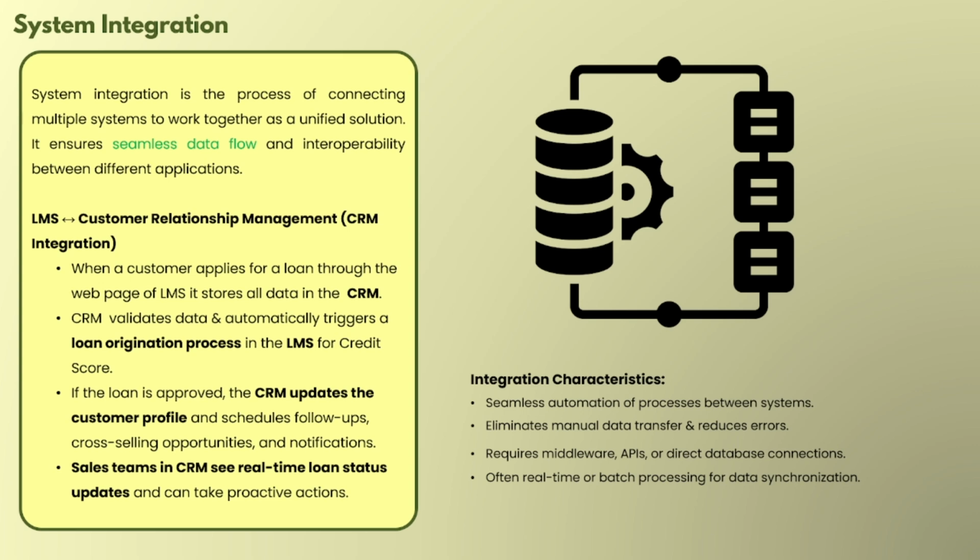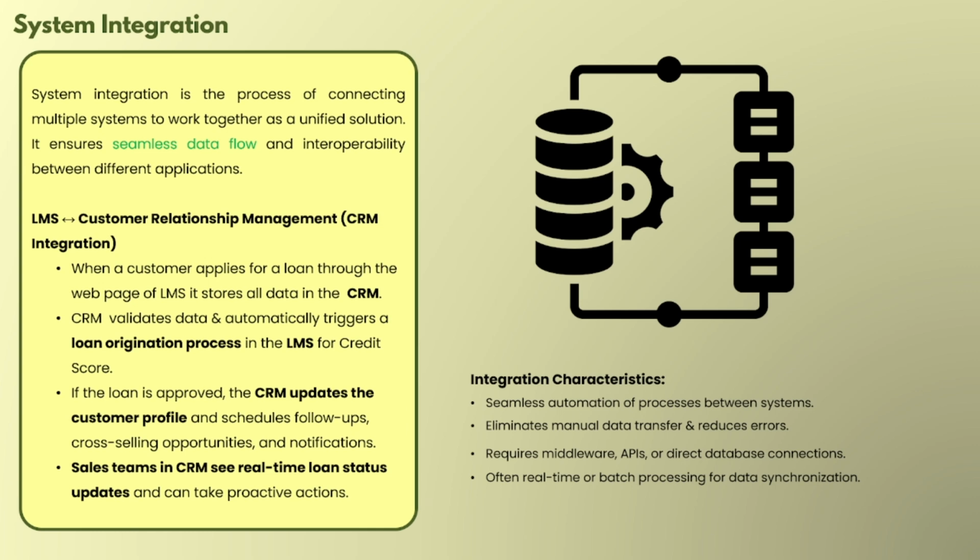We need to think about how the loan management system is attached to customer relationship management. The loan management system of Noah Major Bank might be developed in Python, while the customer relationship management system is developed in Java or another language. Both are different languages, so how are they communicating? This is quite interesting, and you will definitely get a good idea regarding that.